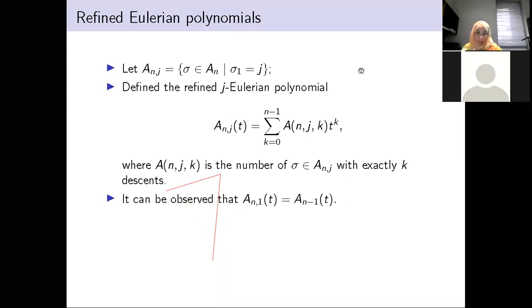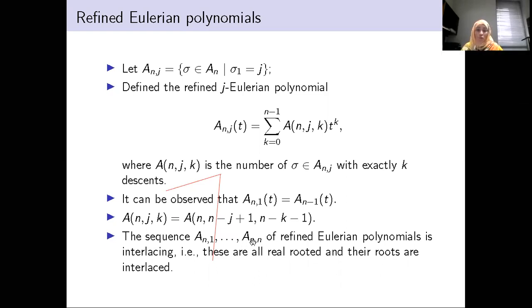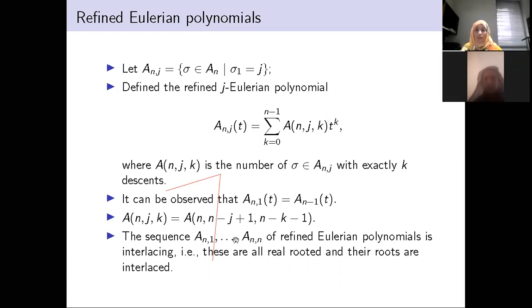And we have this connection, as I said before. One more interesting property, which is written here, is that this sequence of refined Eulerian polynomials is interlacing, which means that all polynomials are real rooted and their roots are interlaced. And this order is the most important one, because you cannot choose any order, but you need to pick this specific order.